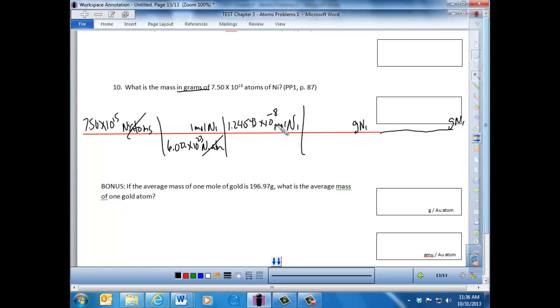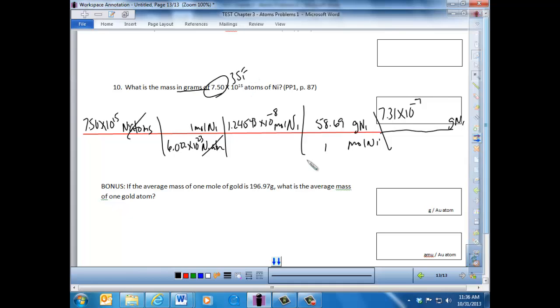So our conversion unit then is going to be grams over moles of nickel, and 1 mole is 58.69 grams, so we just multiply that out, and that comes out to 7.31 times 10 to the negative 7 grams of nickel. Okay, 3 significant figures because you have 3 significant figures there.